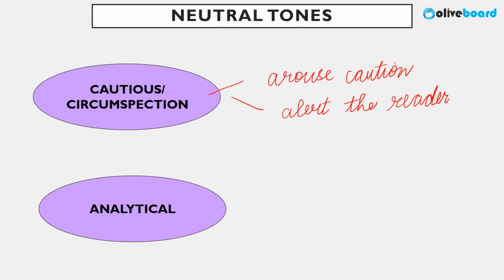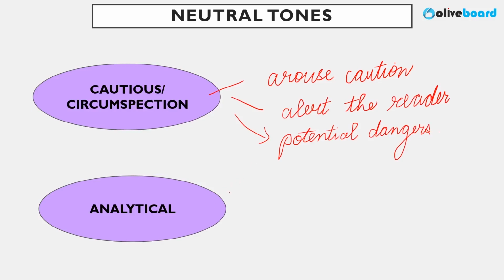We need to be worried about a particular issue. The cautious is careful. To avoid the potential problems, the writer is saying we need to be aware, we need to be alert. Okay, to avoid the potential dangers. It talks about potential dangers. Usually you will have issues like climate change. Okay, passages where they have discussed issues like potential climate change dangers. This will be an example of a cautious tone.